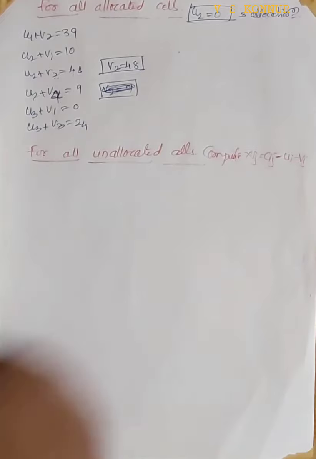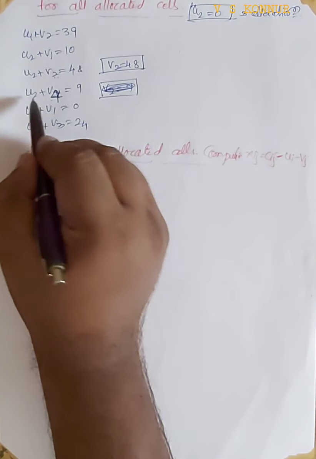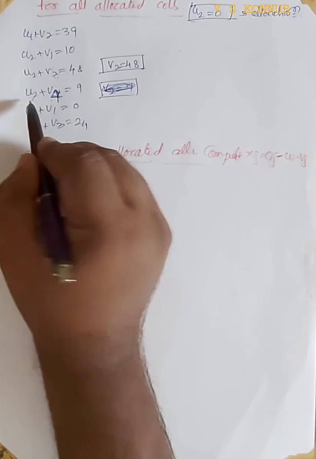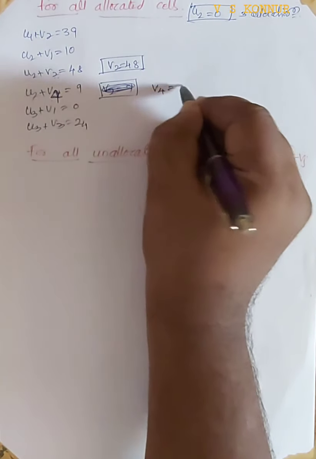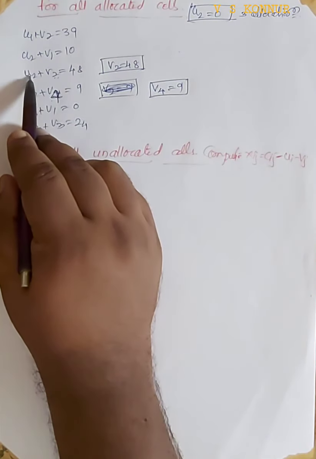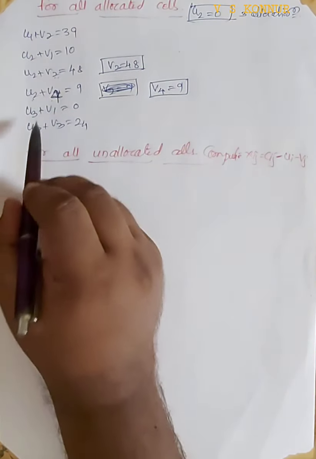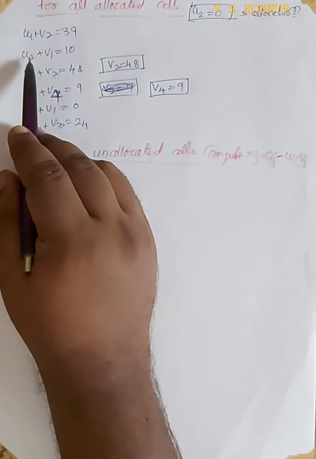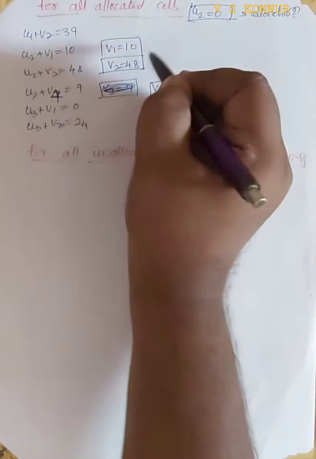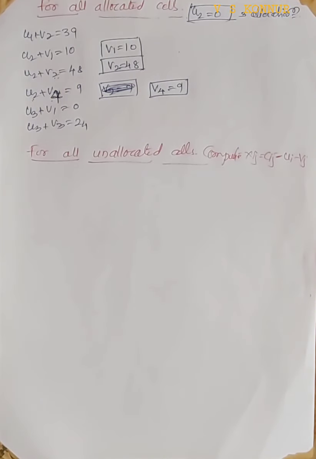Then put U2 equal to 0 here, so V4 equal to 9 we will get. So U2 equal to 0, V4 equal to 9, and V2 equal to 48 we got. Then here one more, U2 equal to 0, V1 is equal to 10 we will get. Right, now you can calculate the other values.